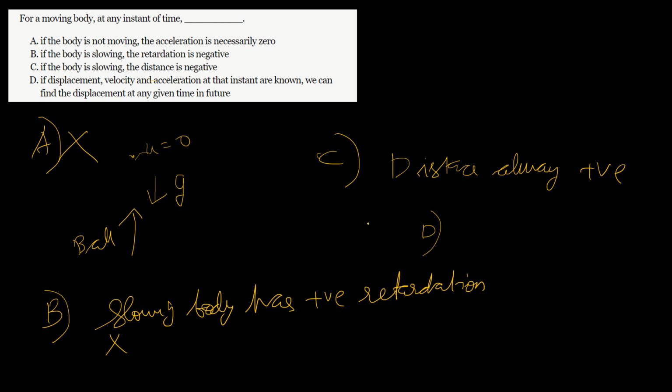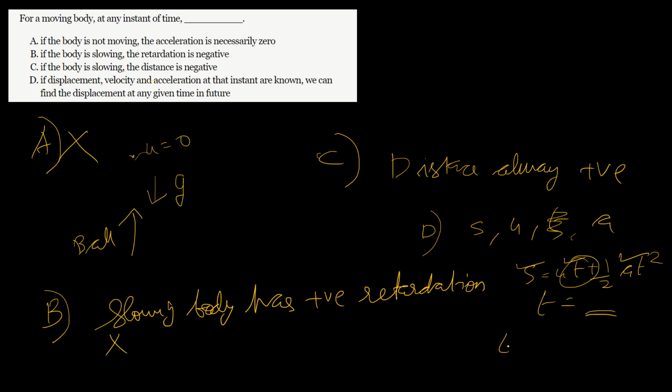Option D. If displacement, u and t at an instant are known, we can find the displacement at any given time in the future. Yes, we have this relation s is equal to ut plus half at square, right? If s, u, t and acceleration a are known, we can find a particular quantity called t here.